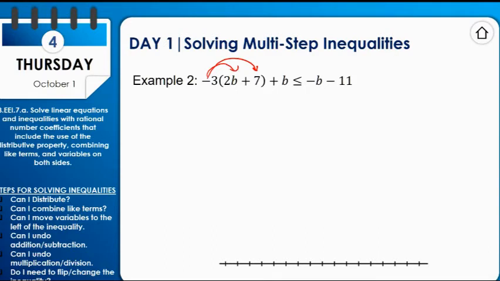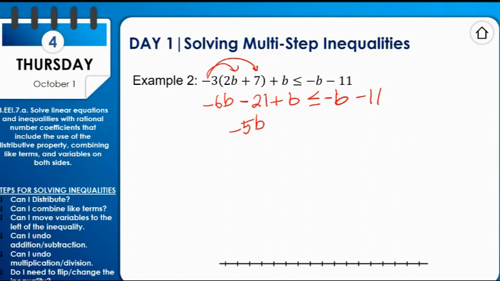I distribute -3 to everything inside the parentheses. 2b times -3 is -6b, plus -3 times +7 becomes -21, plus b is less than or equal to -b minus 11.